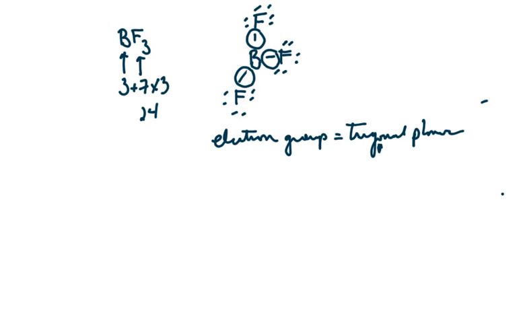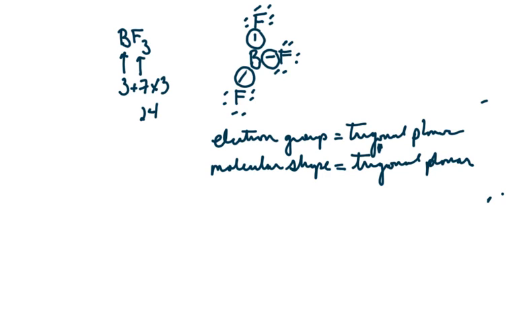And because there are no lone pairs on the central atom, the molecular shape is also trigonal planar. And again, if there was a lone pair on the central atom, the electron group arrangement is going to be a little different than the molecular shape. And again, we'll get to that in a minute.